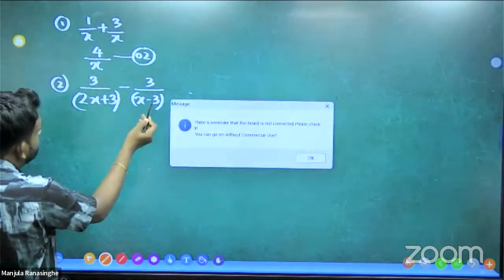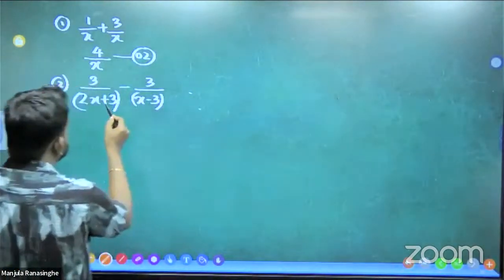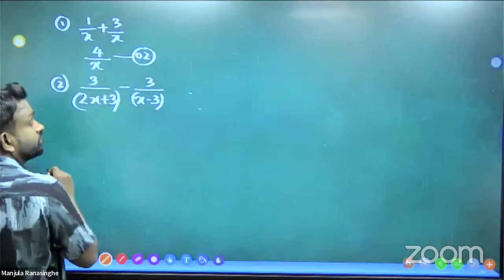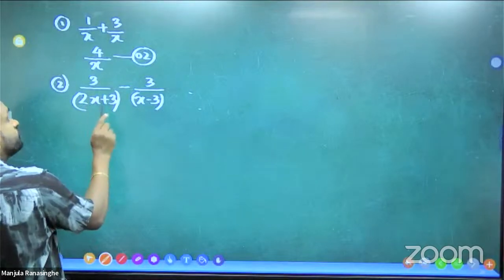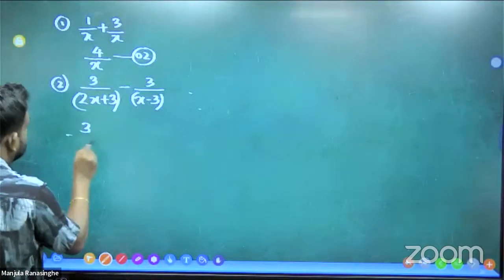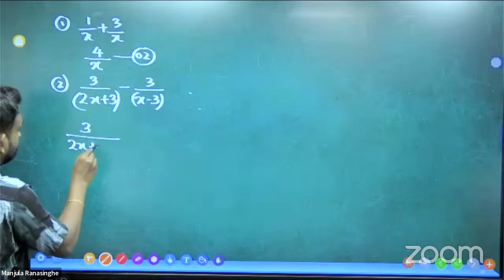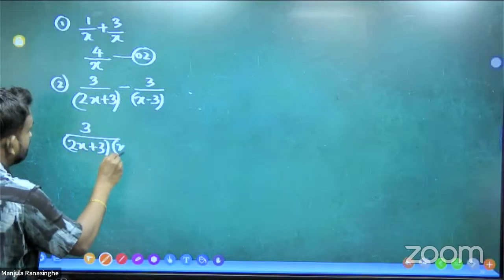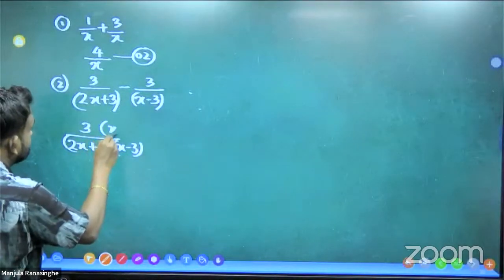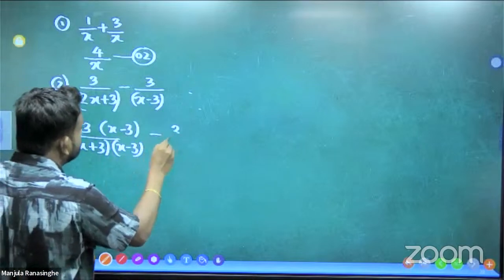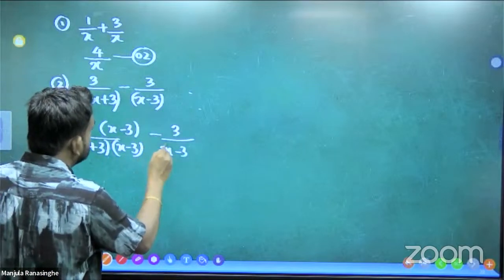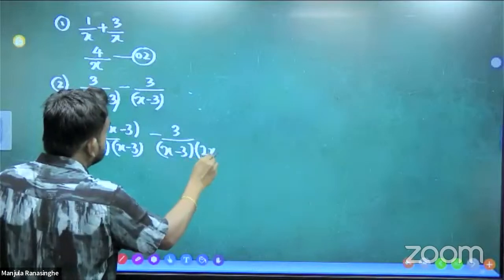The LCM is the product of these two. So what I do here, I multiply this fraction top and bottom by x minus 3. Then here also I multiply this part by the other denominator 2x plus 3.